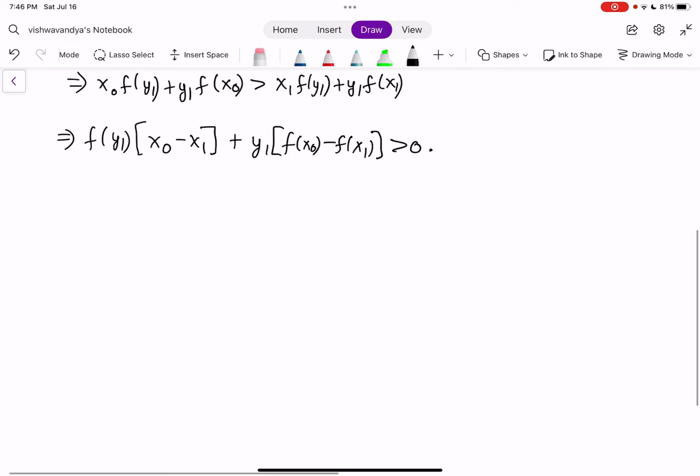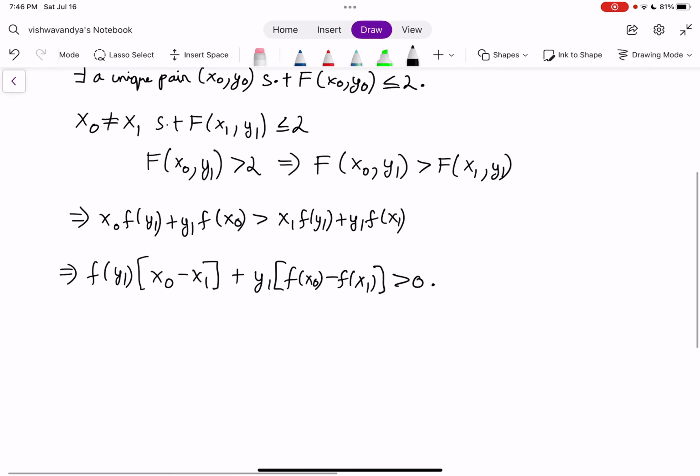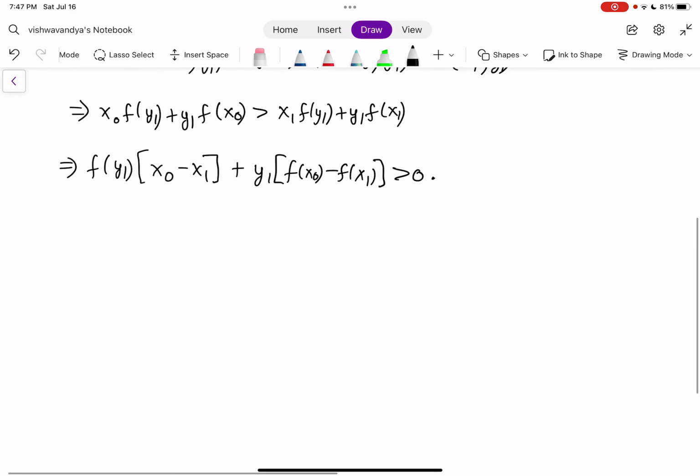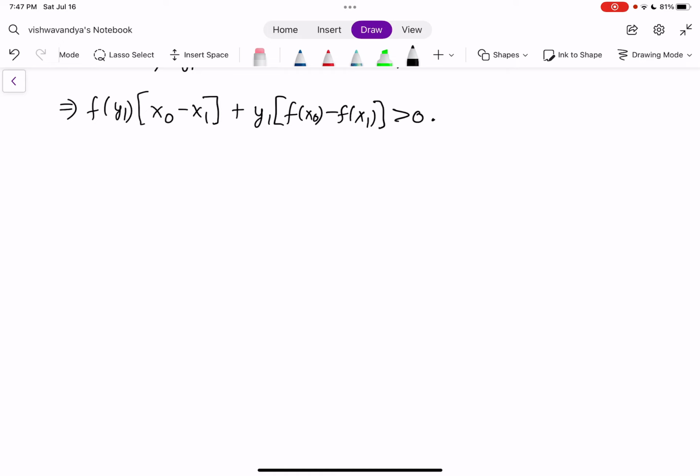Well, we are free to choose x1, it's not equal to x0, but we have the freedom of choosing x1. So let's make x0 greater than x1. We can do this because x1 is arbitrary. This would mean that this part is negative if x0 is greater than x1.